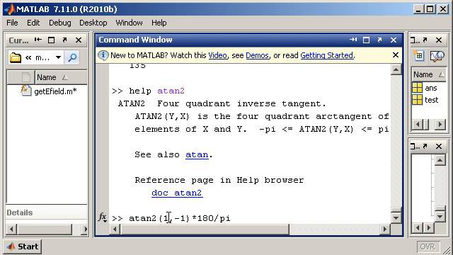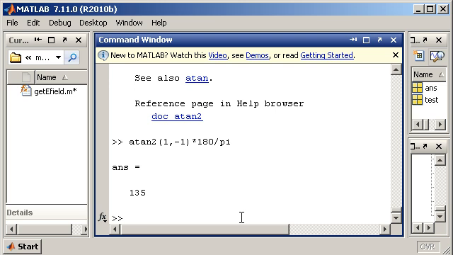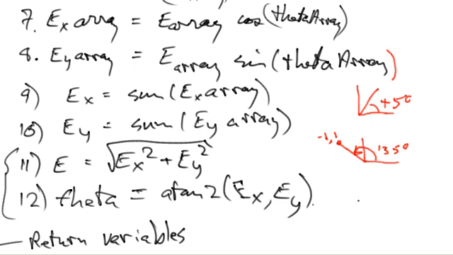I paused the video and played around with it a little bit. But there, x is equal to minus 1, y is equal to 1, and I get the 135 degrees. So this one worked, but it was 1, 1, so it didn't tell me about the mistake I was making. If I'm down here, this should be 225.